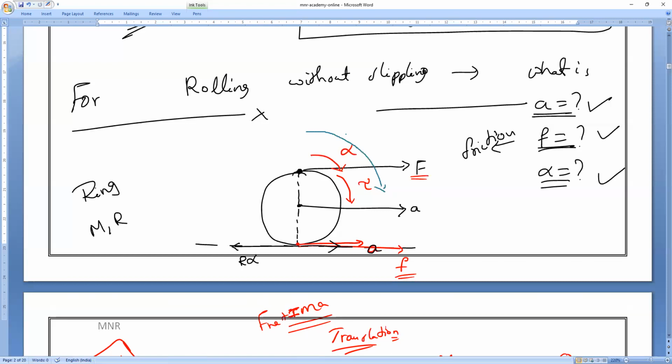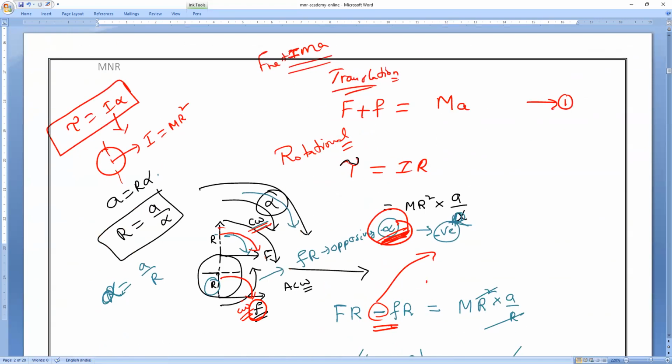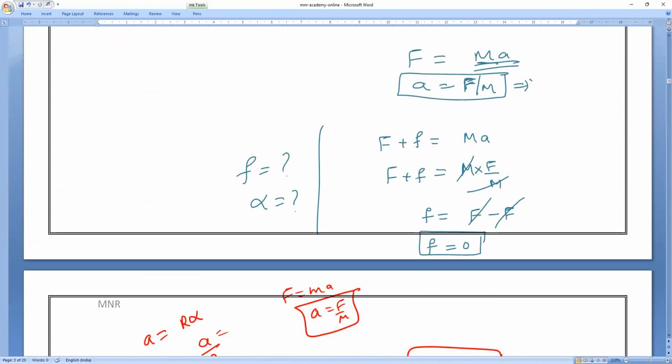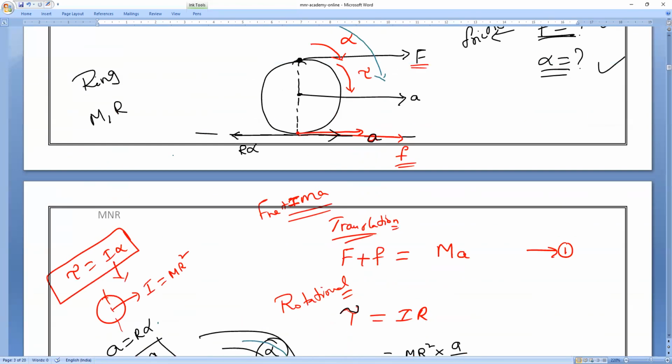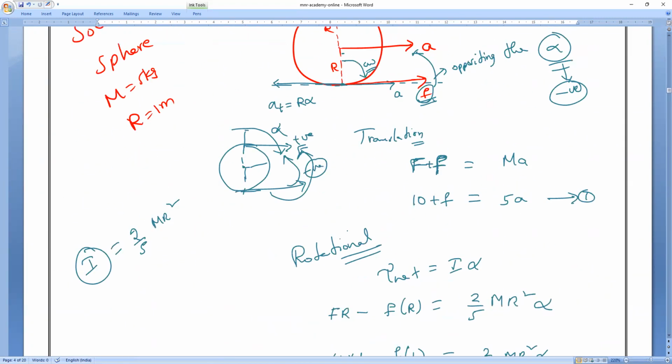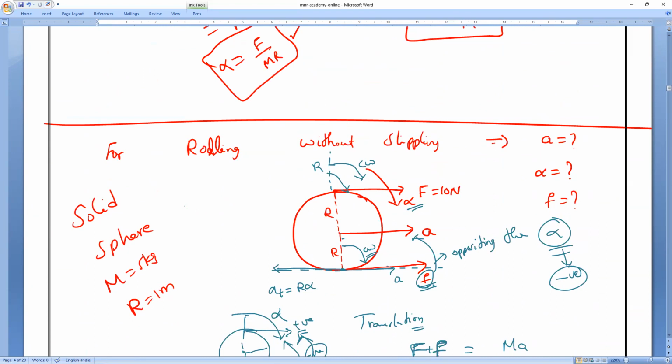This is for acceleration where the frictional force is 0; I have taken a ring as one example. Where the frictional force is positive, I have taken a solid sphere. Any doubt, you can ask me.